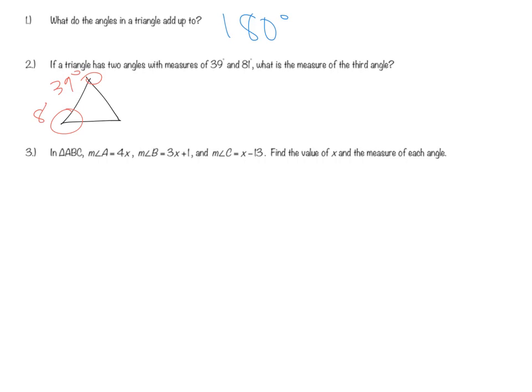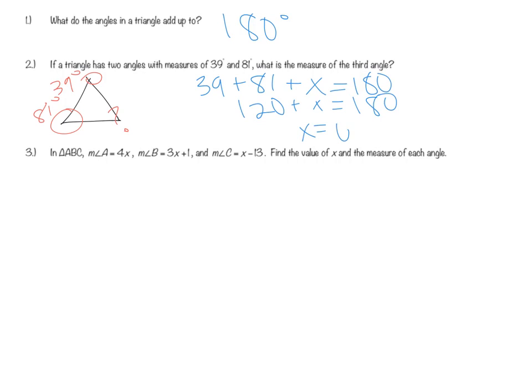One of them is 81 degrees, and you don't know what that third one is. You know that they all add up to 180 degrees, so 39 plus 81 plus our unknown angle has to equal 180 degrees. 39 plus 81 is 120. 120 plus x is 180, so x has to equal 60 degrees.